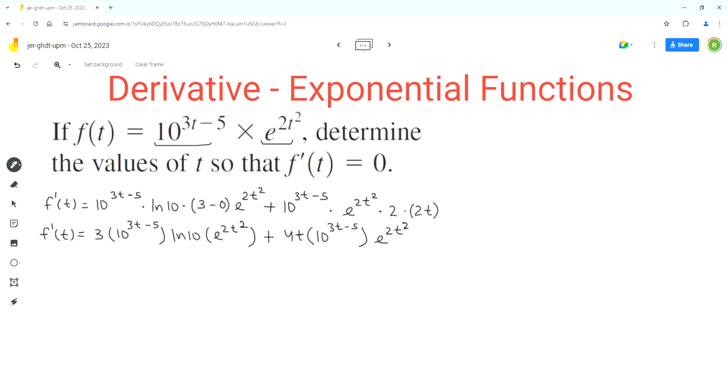Now we have to find the t values at which this f prime of t is equal to 0. So we'll sub in 0 on the left side. Now in this expression, we can do common factoring. That will make it easy to solve this equation. So we can factor out 10 to the power 3t minus 5 and e to the power 2t squared from both terms.